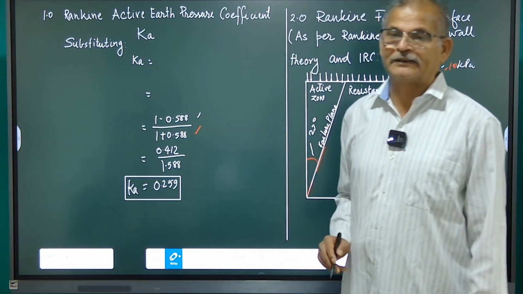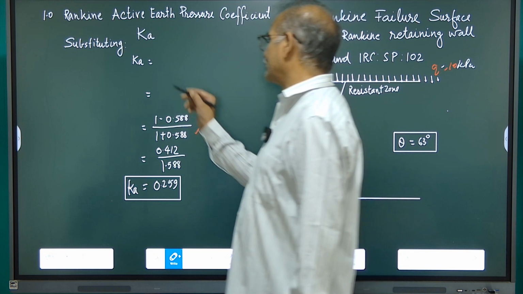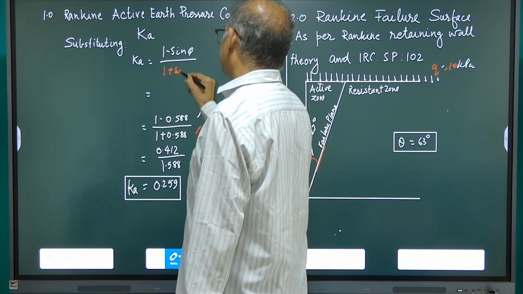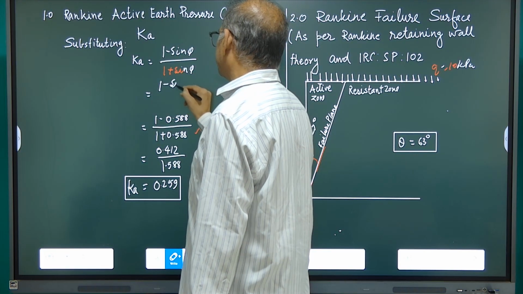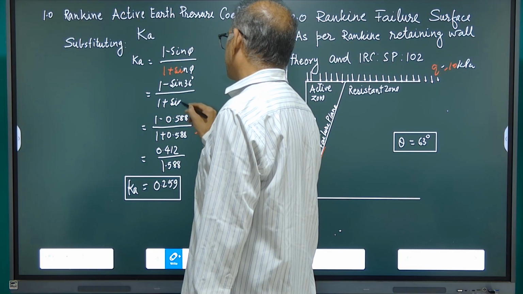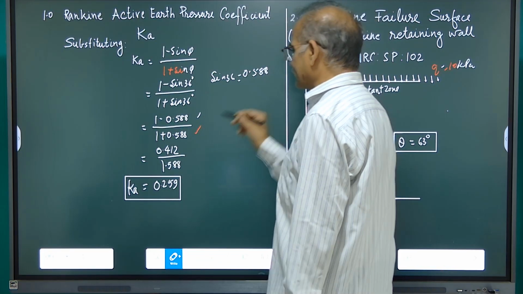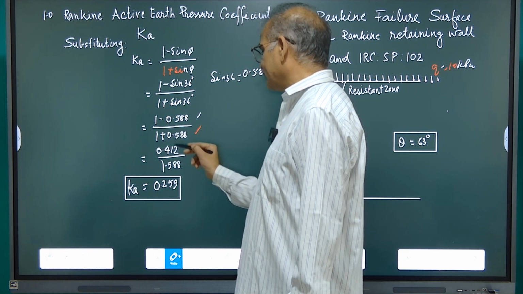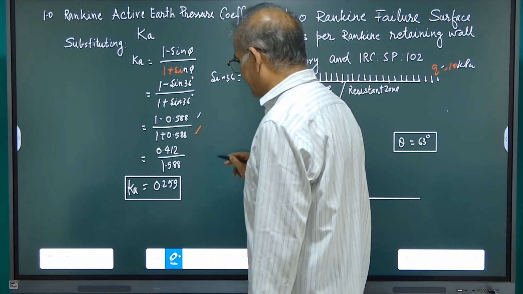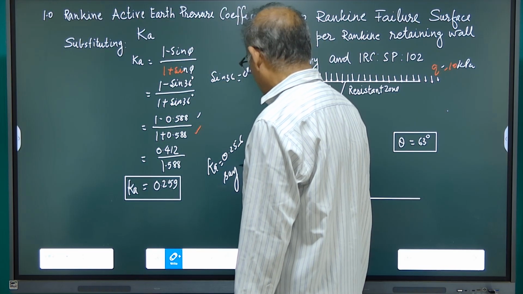So first of all we need to find out what is the coefficient of active earth pressure, Rankine coefficient of active earth pressure, that is given by Ka = (1 minus sin phi) divided by (1 plus sin phi), and phi is nothing but 36 degree given in the problem statement itself, upon 1 plus sin 36 degree, and sin 36 degree is 0.588, substituting 1 minus 0.588, 1 plus 0.588, so 1 minus 0.588 is 0.412 divided by 1.588, so the value of K has come 0.259 or say 0.26.